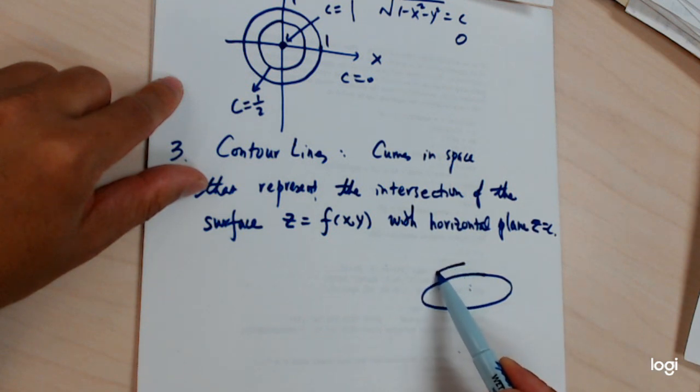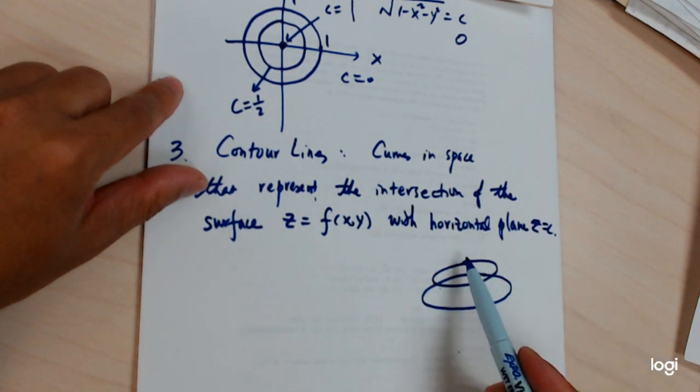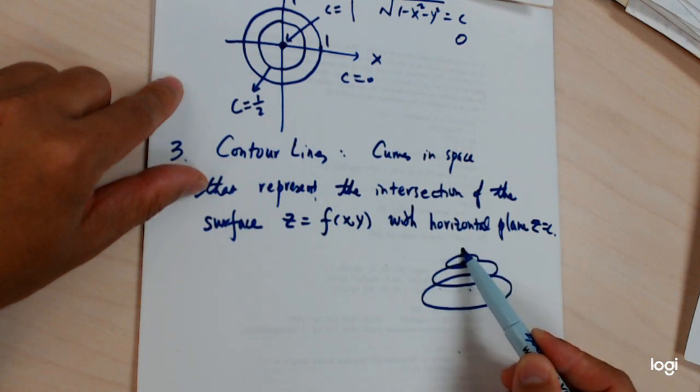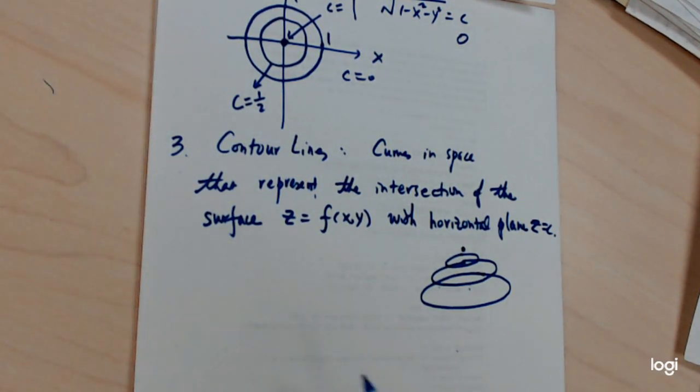You move the horizontal plane up, you have another intersection of a smaller circle. The circle gets smaller until somewhere on the top there's a single point. And these are the so-called contour lines.